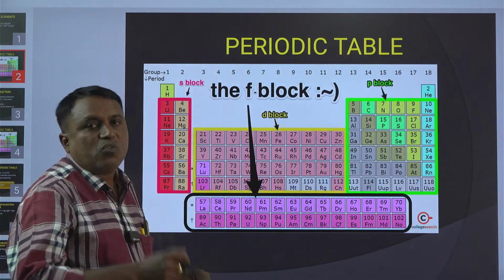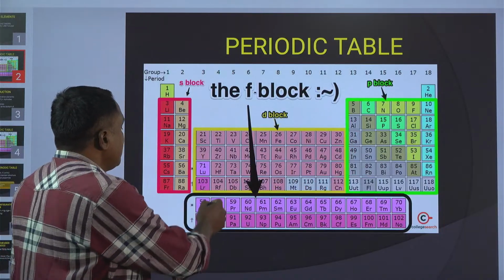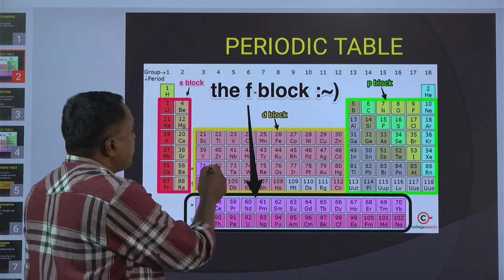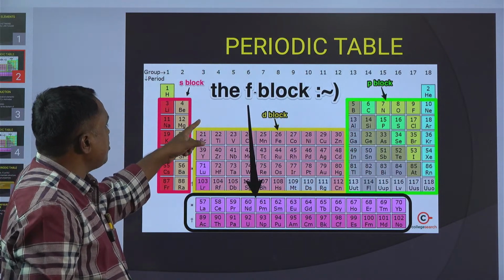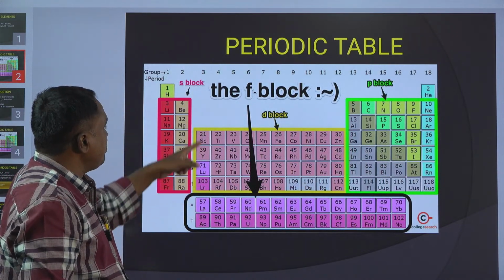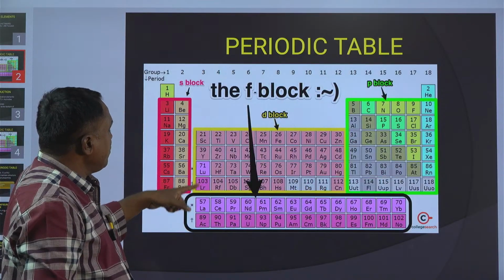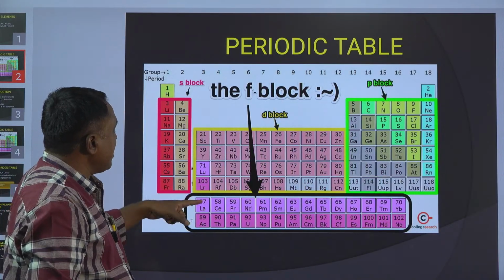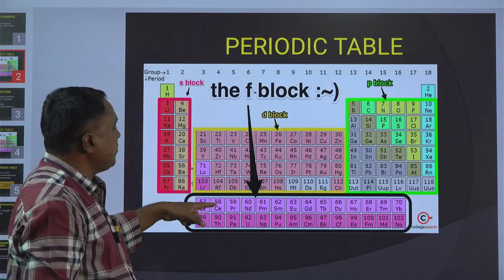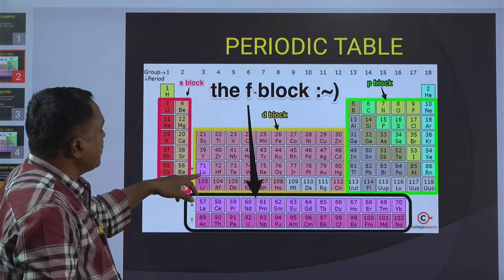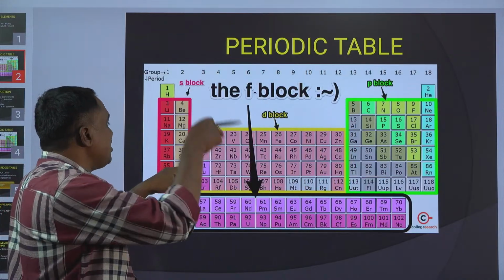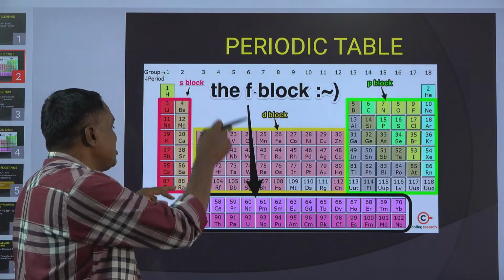Why are they called inner transition elements? Generally these 2 rows are present in the third B group. After lanthanum 57, cerium 58 to lutetium 71 are present in the third B group. These are present in the inner part of the d-block, the inner part of the transition elements.